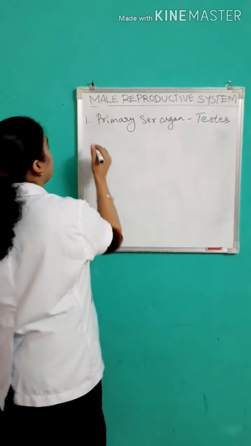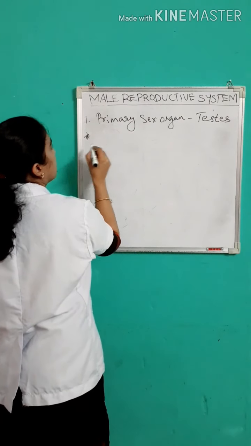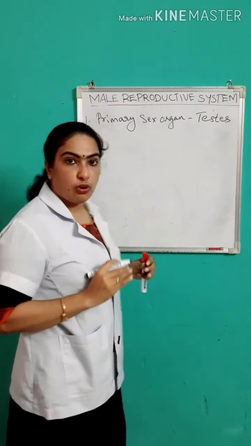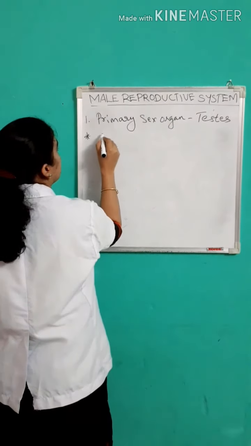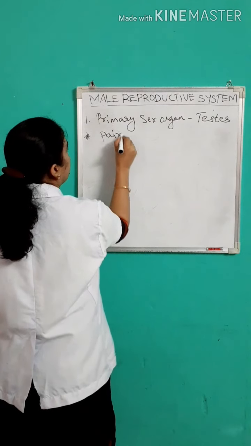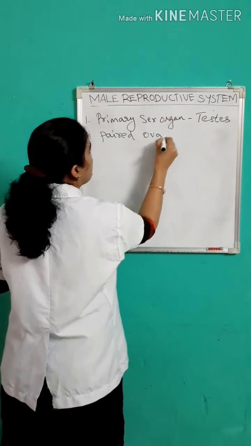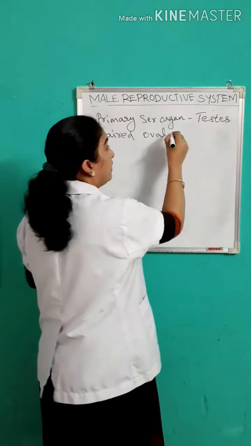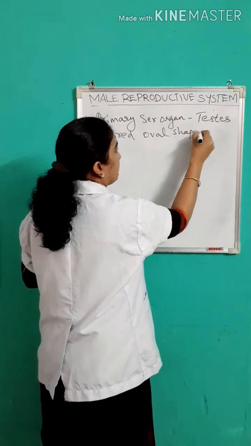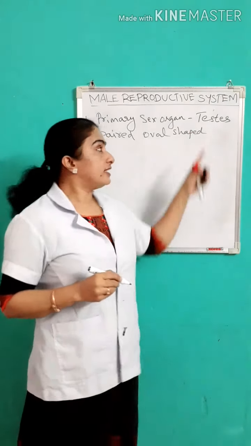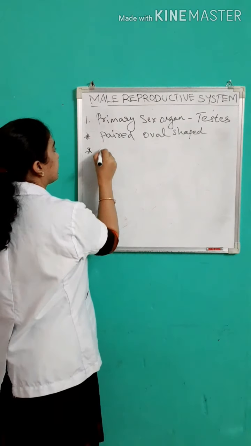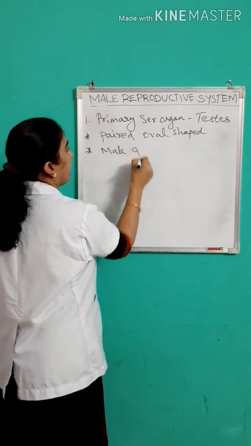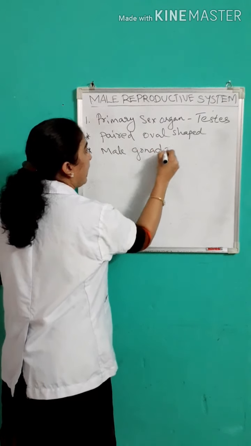First point. See, the testis is a small paired oval-shaped structure. And this testis is also known as the male gonads.